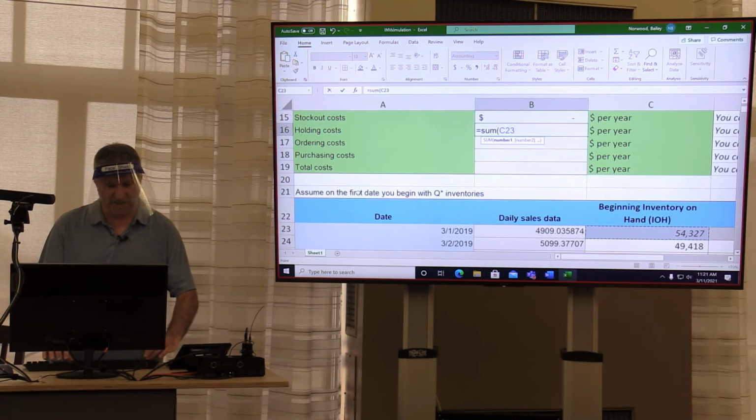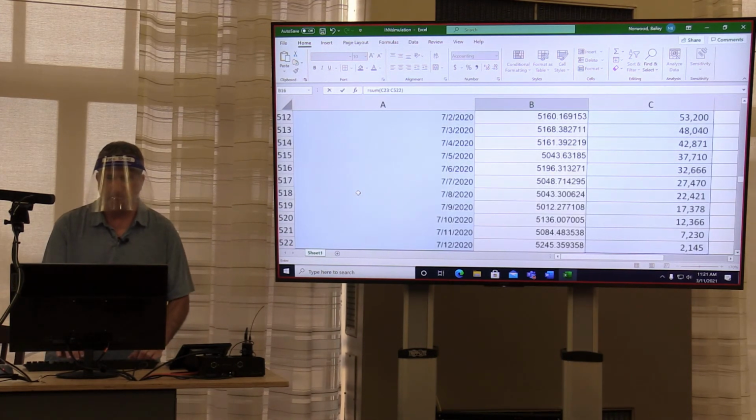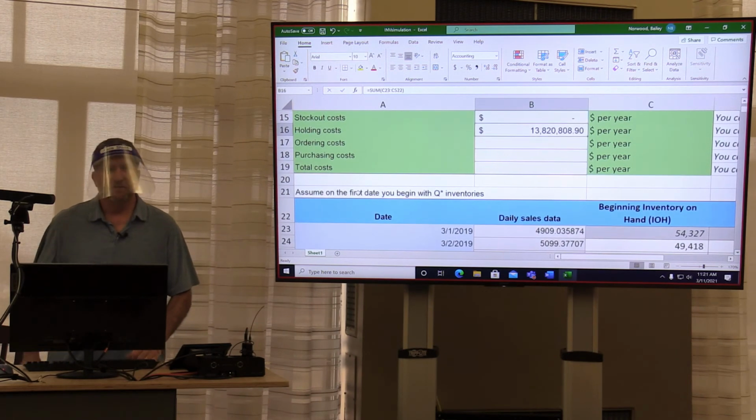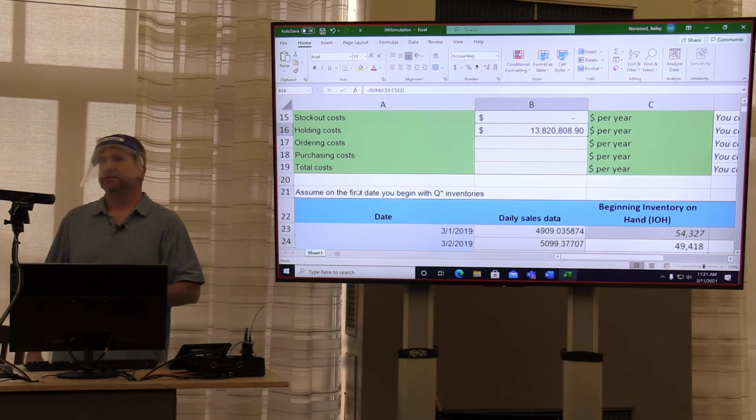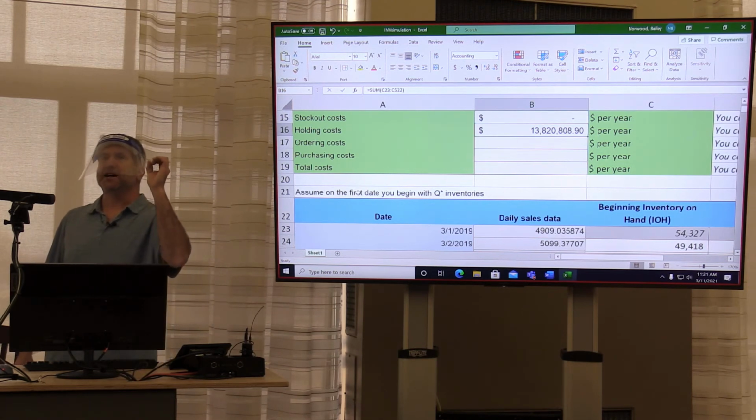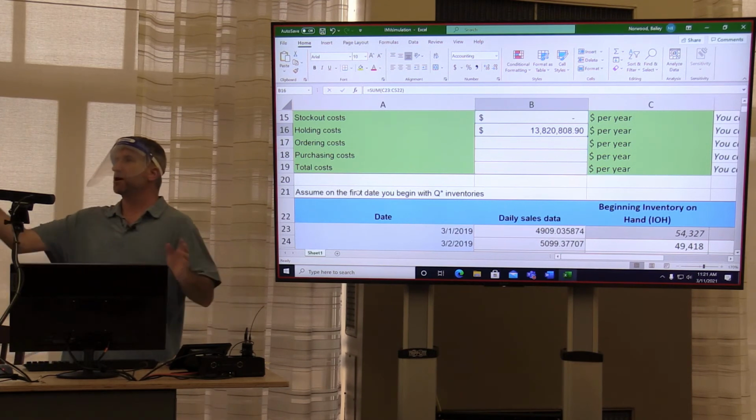So if I sum all this beginning on-hand inventory, that's the total number of unit days. That's like the number we had in inventory every day summed over all days.